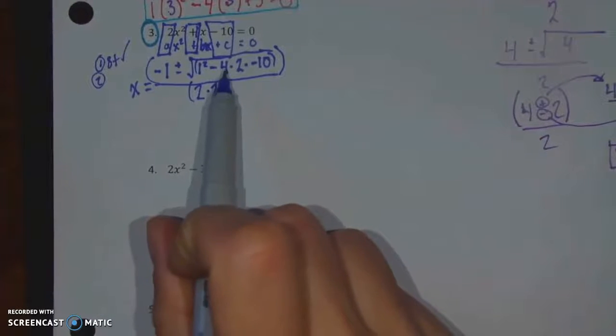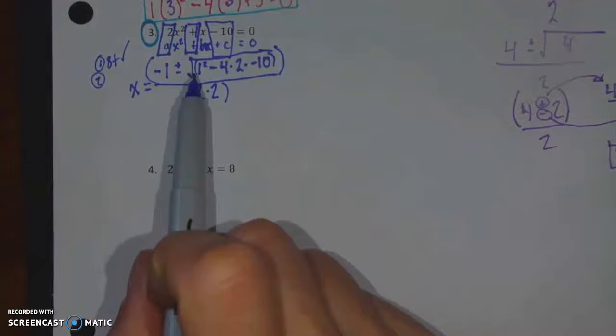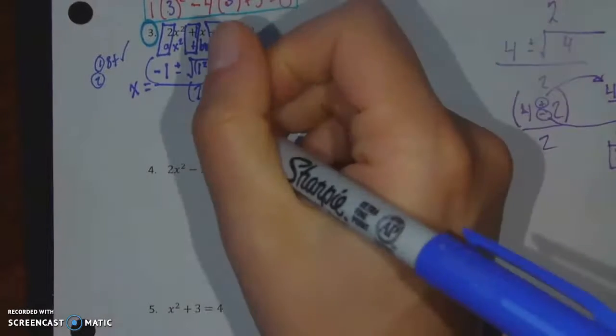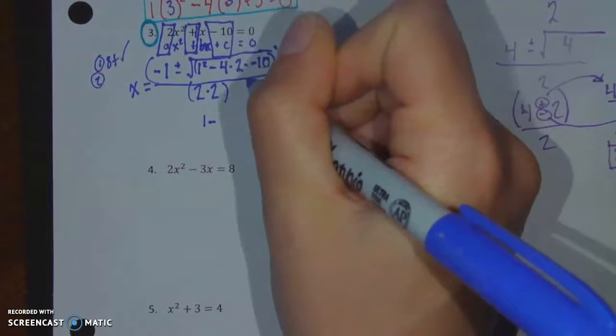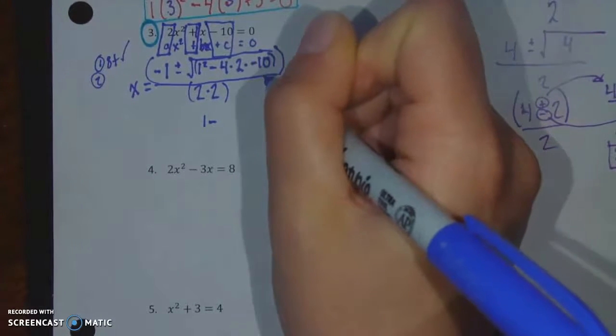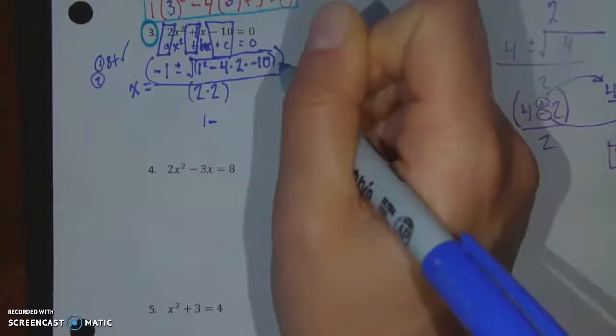I'm going to start inside the smallest parentheses, which is this one underneath the radical sign or square root sign. This is 1 squared, or 1, minus 4 times 2 times negative 10. Well, 4 times 2 is 8, and 8 times negative 10 is negative 80.